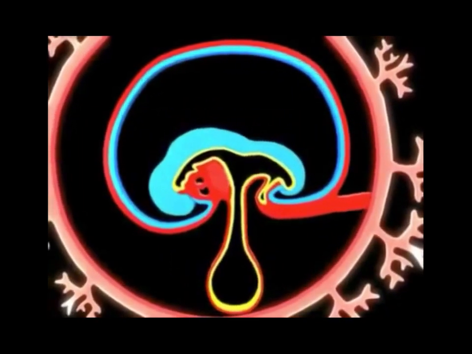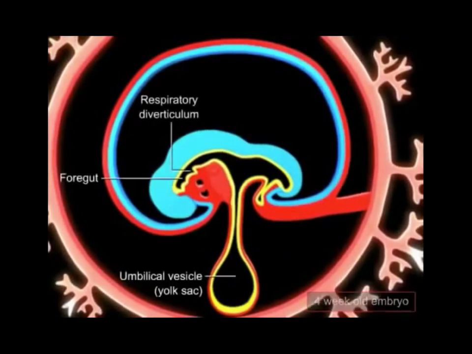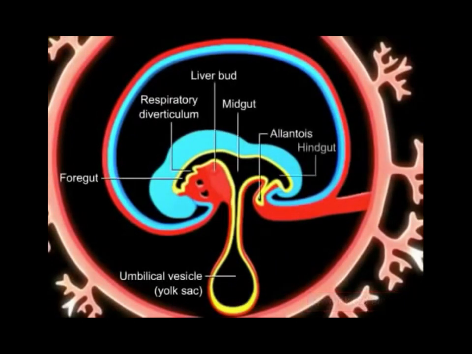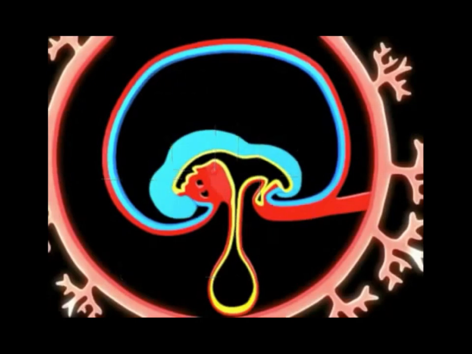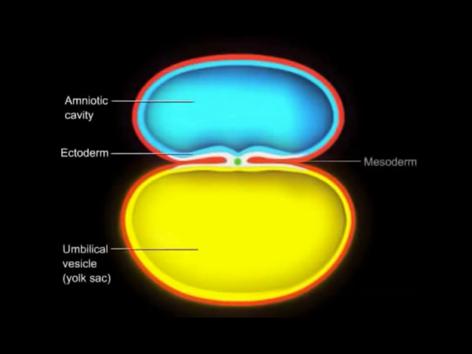This is a sagittal plane of the embryo. So you see the connection of the midgut with the yolk sac in yellow, and this is a transverse cut of the embryo.